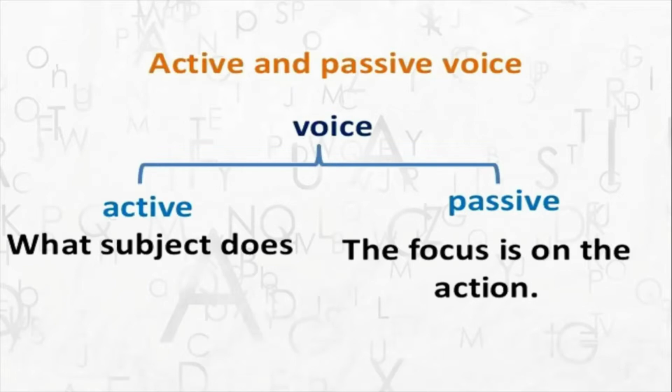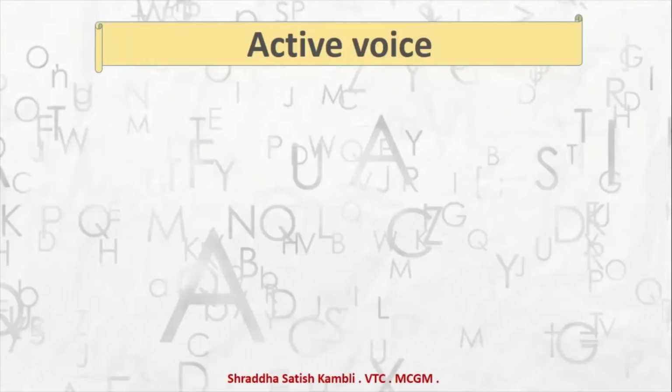Whereas in passive voice, the focus is not on the subject, but it is on the action which is done by the subject. Okay, when we see examples, you will understand better. So after having understood this, that in active voice, the subject is important, and in passive voice, the action is important, now let us pick up the active voice first and try to understand in detail about what active voice is, and we will look at certain examples also.